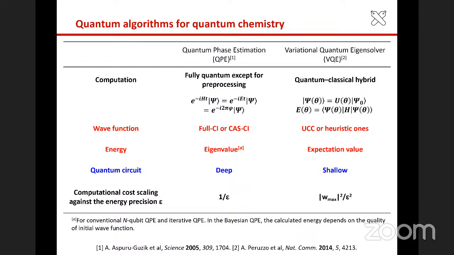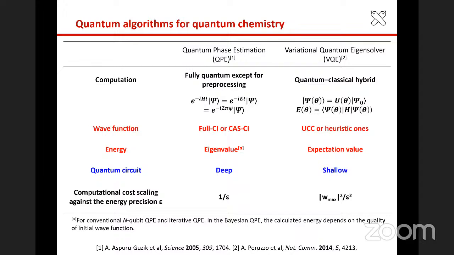And because there is a variational principle, we can optimize this theta to minimize the total energy. Using this approach, we can obtain some unitary coupled cluster or some heuristic wave functions.